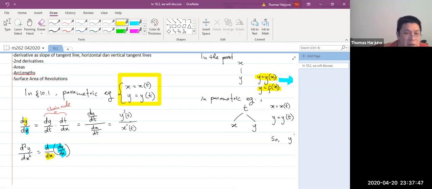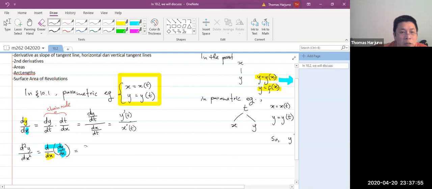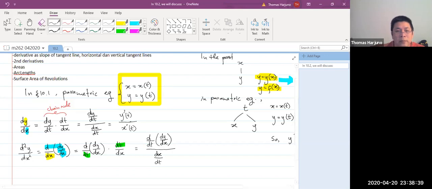So if I need to take the derivative with respect to x, I need to do the chain rule, and that will be the derivative of dy/dx with respect to t times the derivative of t with respect to x. I hope you can see the chain rule there, which is basically equal to the derivative with respect to t of dy/dx divided by the derivative of x with respect to t. Now that's for the second derivative.